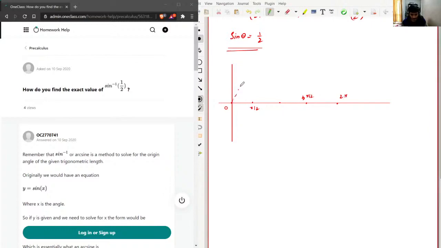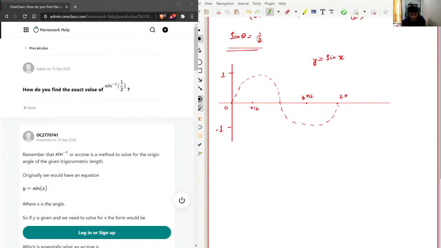So the graph looks somewhat like this. The maximum amplitude is +1, the minimum is -1. So this is the graph of y equal to sine of x.